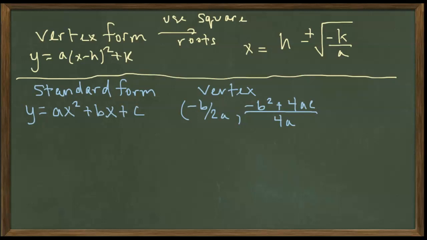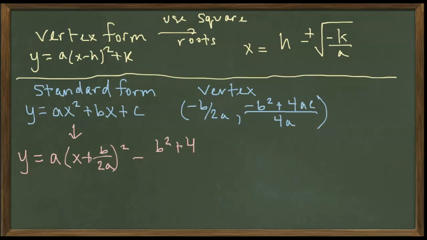Now, that seems a little complicated, but the idea here is that we can really get the vertex of any quadratic from the standard form. So if you can do that, well then theoretically you can put this in vertex form with the x and y coordinate of the vertex, and then you should be able to work backwards and solve it.